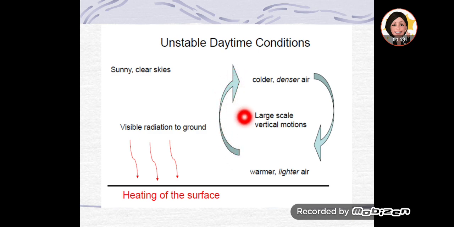So there is a large scale of vertical motions during the daytime, and the cooler air from the top will travel down. So there will be more transport of lighter air, especially gases, vertically upwards. And when it is combined with wind, then it becomes unstable.